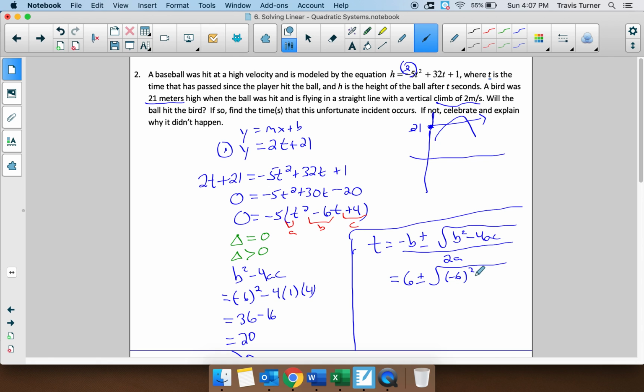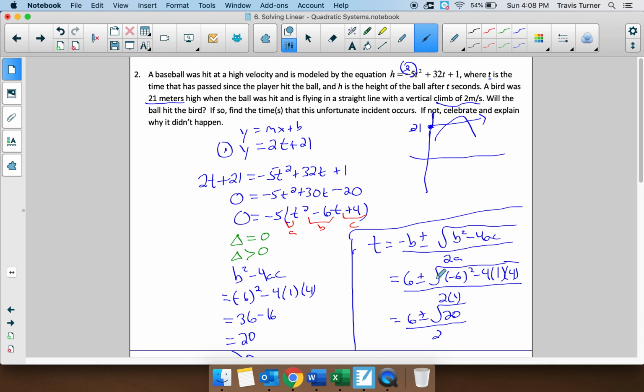So negative 6 squared minus 4 times A, which was 1, C was 4. So we already know that comes out to be 20 inside here because we just calculated that. And then 2 times 1 at the bottom. So I've got 6 plus or minus root 20 over 2.